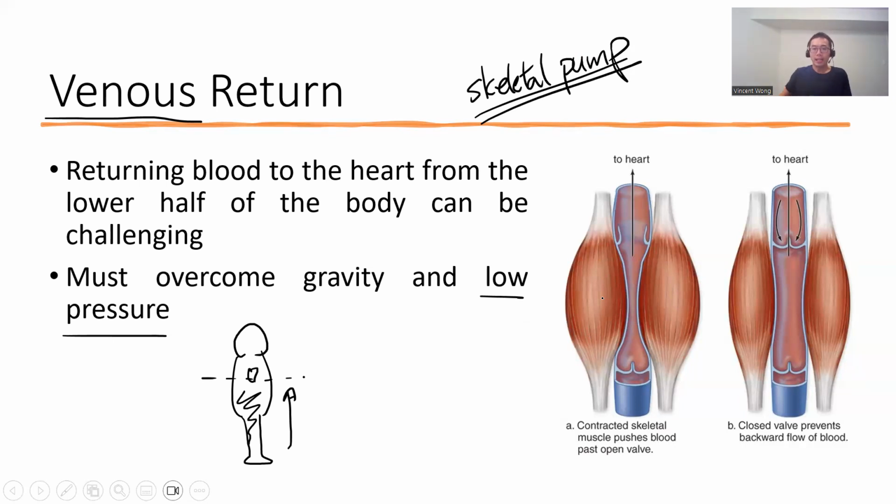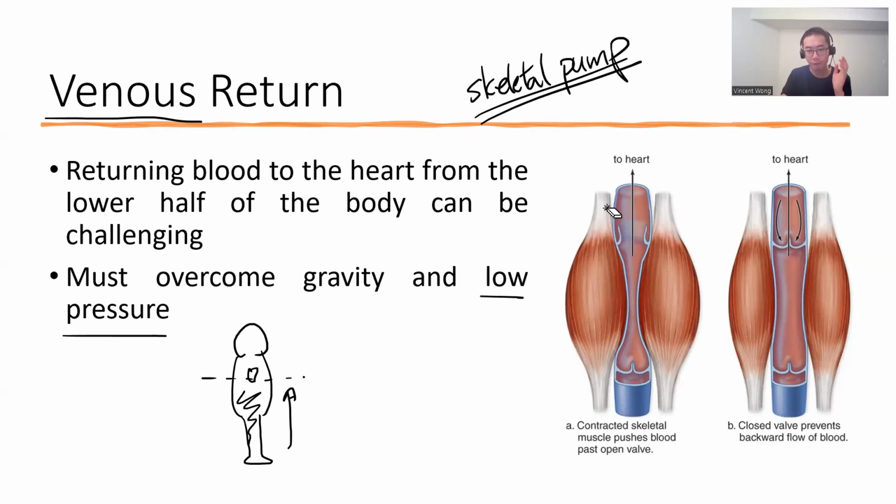So anytime we walk, anytime we move our legs, the muscle in the legs is going to contract, and that contraction creates a bit of a pumping action in the veins. So that helps squeeze the blood upwards. Okay, but it's not a really strong squeeze. It squeezes a little bit, the blood goes up a little bit, and it's just going to fall back down.